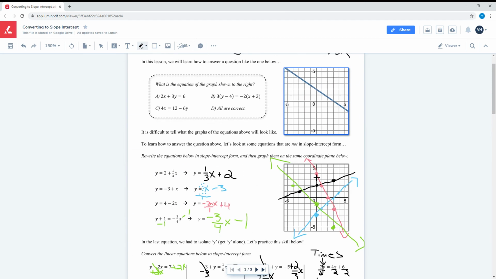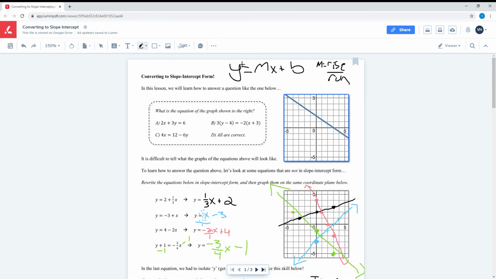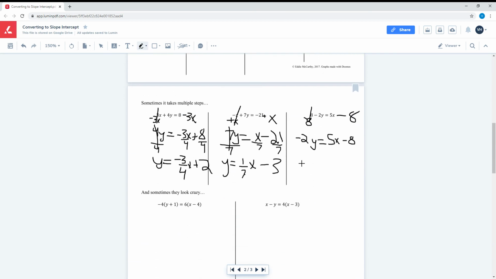Now this part's key. If you notice on all of the slope-intercept forms, y was always a positive number. There is no negative there. So in this case, we don't just want to get rid of this 2. We actually really want to get rid of this negative 2. So how we do that is, you do the same process. Don't think that you have to do some complicated step. Instead of just dividing by 2 to get rid of this 2, you're going to have to actually divide by the negatives as well.